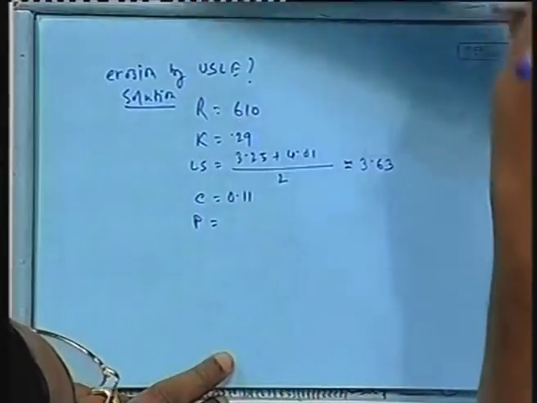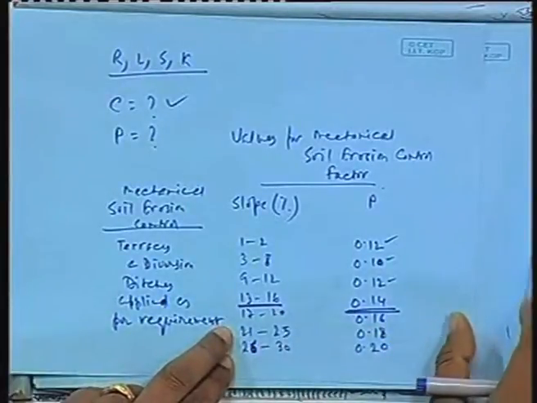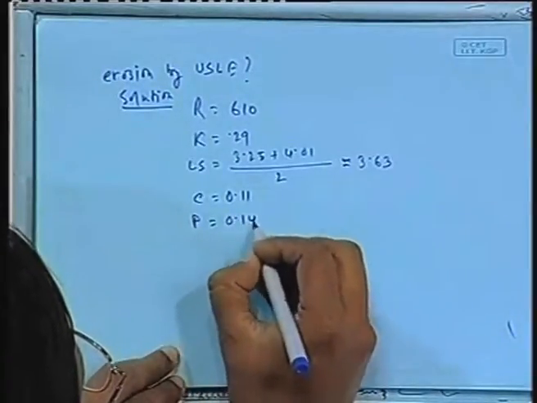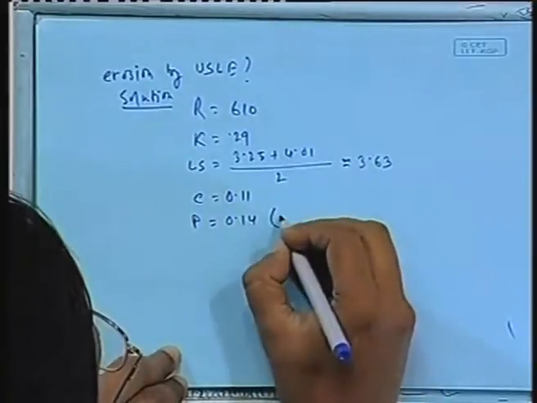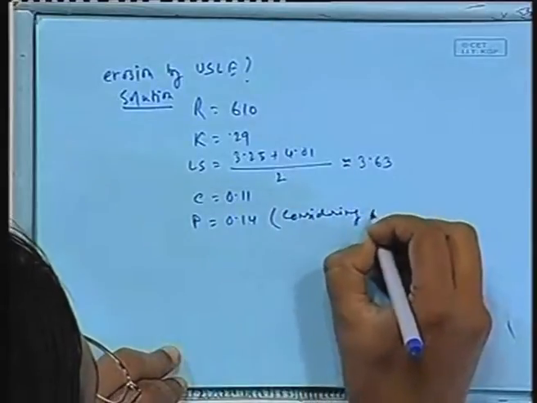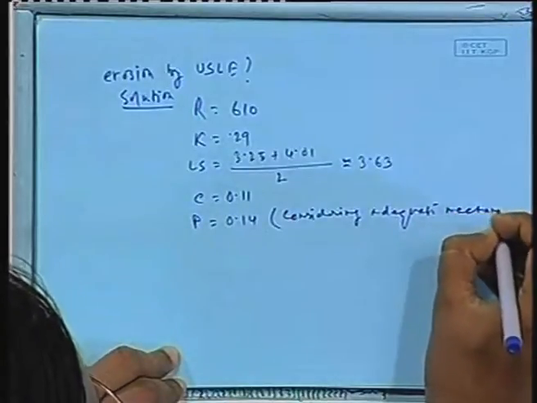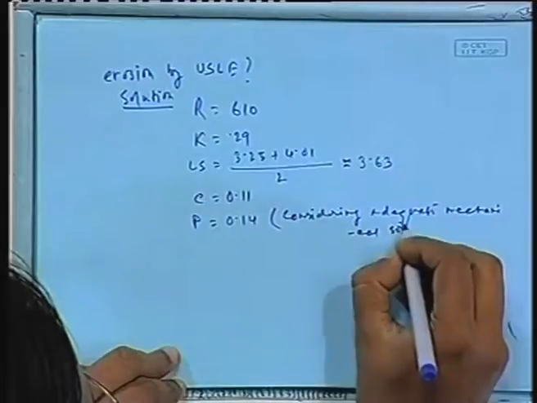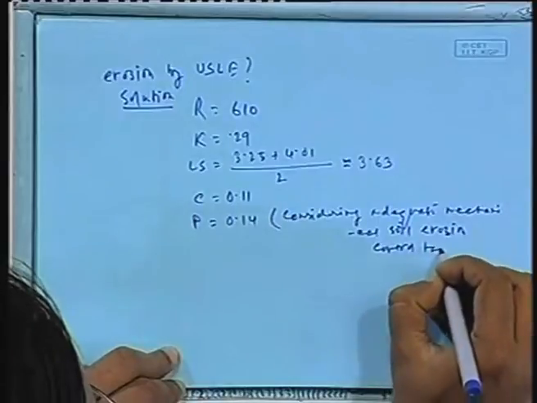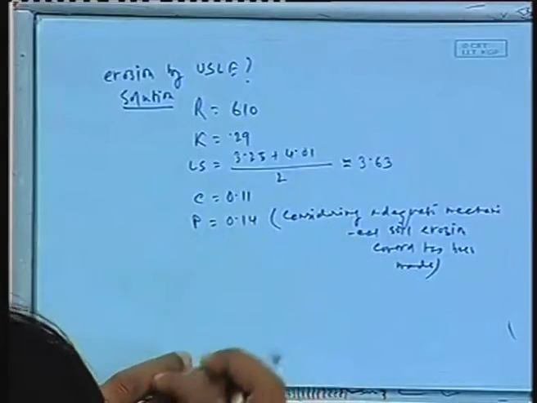For this 15% slope, you can see the value, which is about 0.14, considering that adequate mechanical soil erosion control has been made. So this P becomes 0.14.